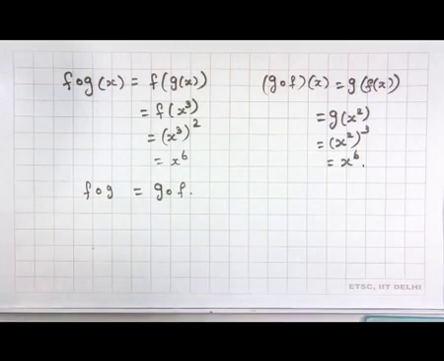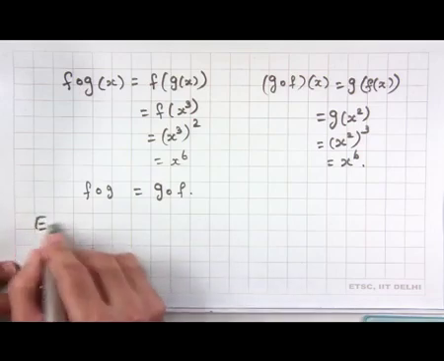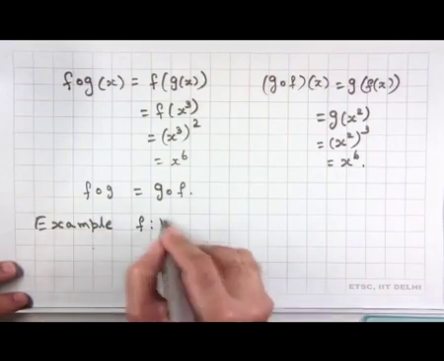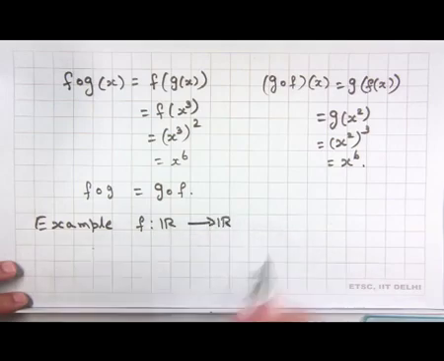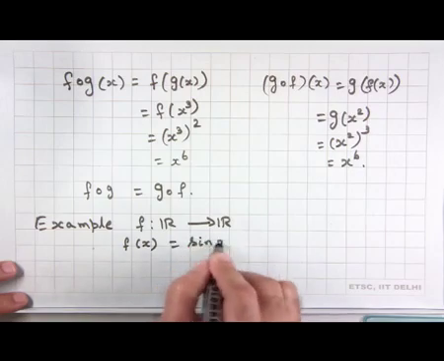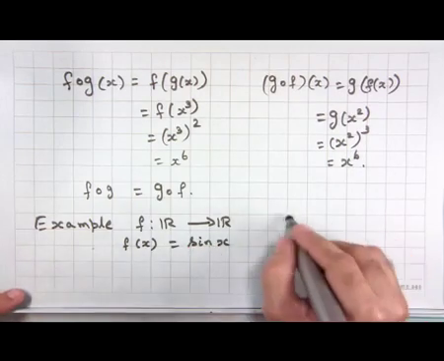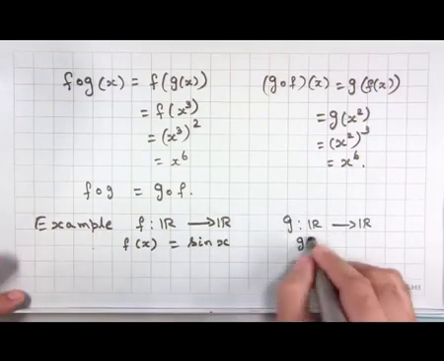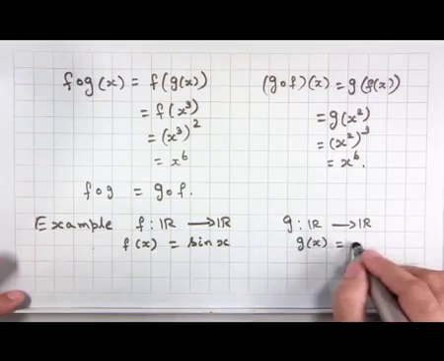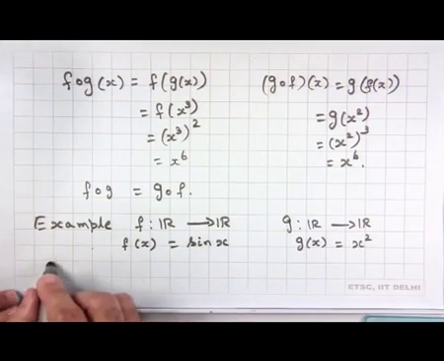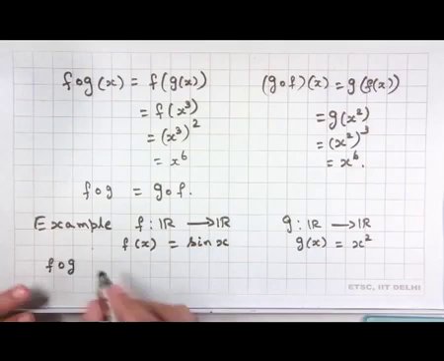Now, let us look at one more example. You have f from R to R given by f x equal to sin x and g from R to R given by g x equal to x square. Now, let us try to compute f composed with g and g composed with f.